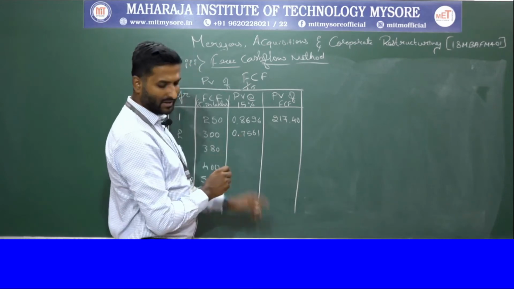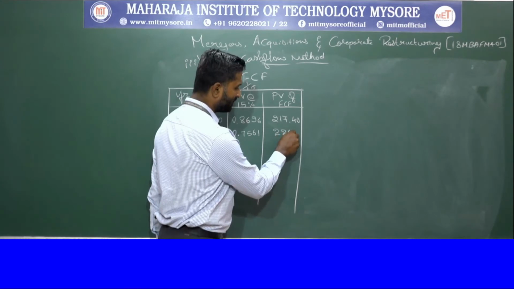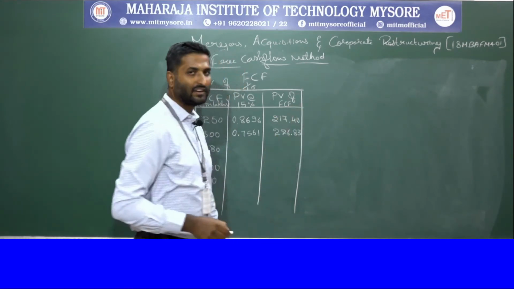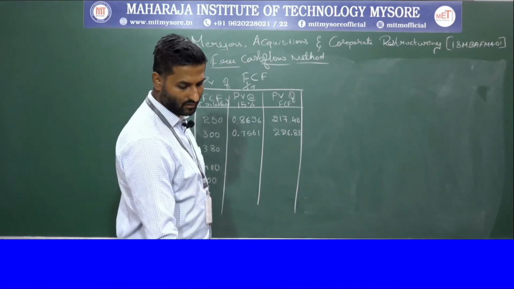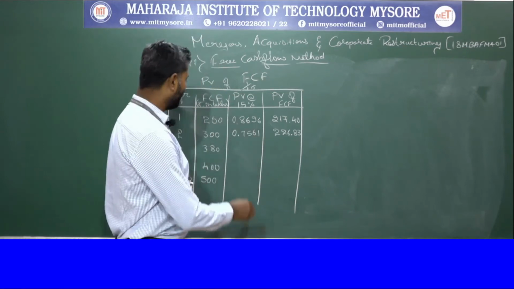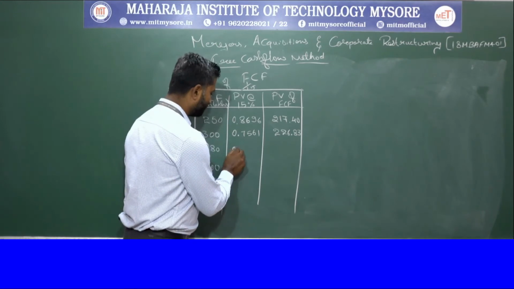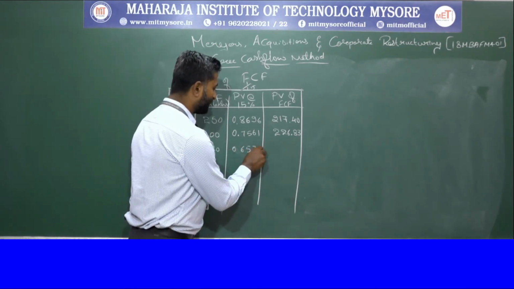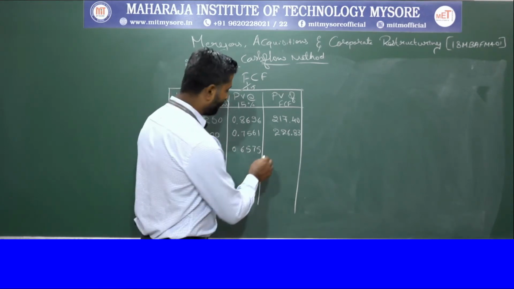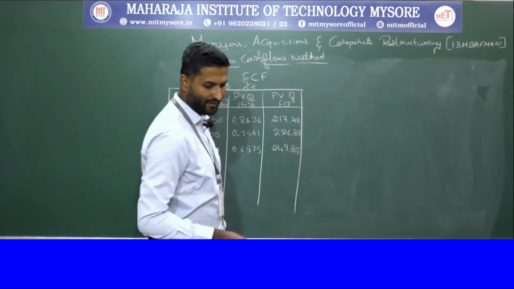So multiply with the 300, we get 226.83. Then for the third year, the factor is 0.6575, multiply with 380, we will get 249.85.